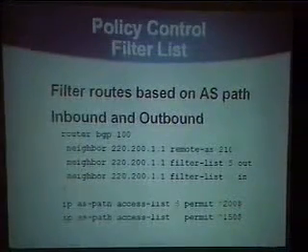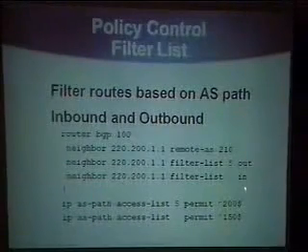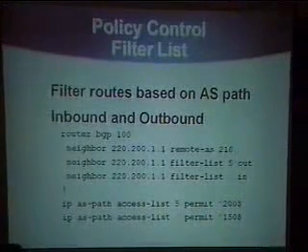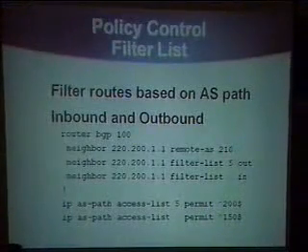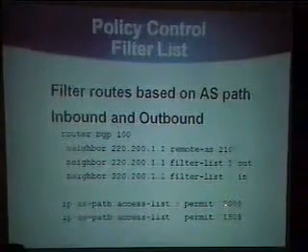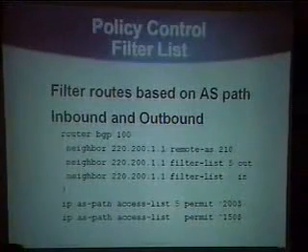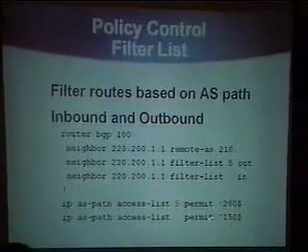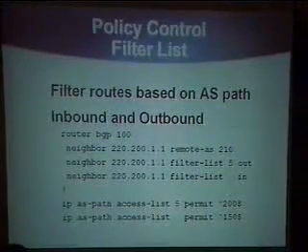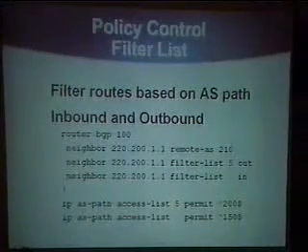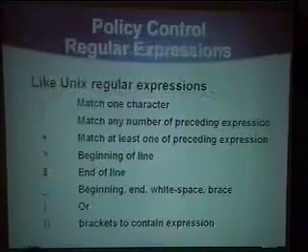It's a regular expression. 200 is the AS number, dollar is the end of the line. So if the AS path attribute is exactly AS200, then this prefix will be announced out in the peering. Filter list 6 in, permit everything that's come from AS150 only. So that's, again, a simple example.